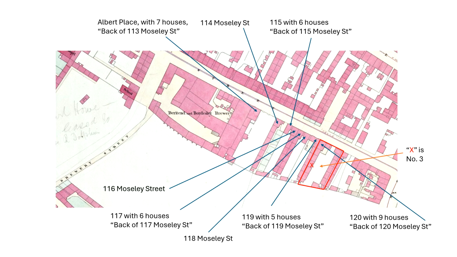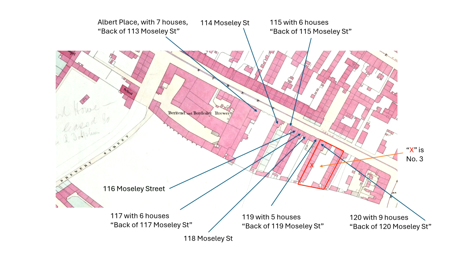The same applies to all the other properties, where he gives the number of the last house he visited before entering the yard, even if it wasn't actually the house that the houses are physically at the back of. Also on the census, 120 Mosley Street is listed with 9 houses behind it, but on the map, the corresponding yard to what I now know is 120 has 10 houses, and I've put a red border around it there.